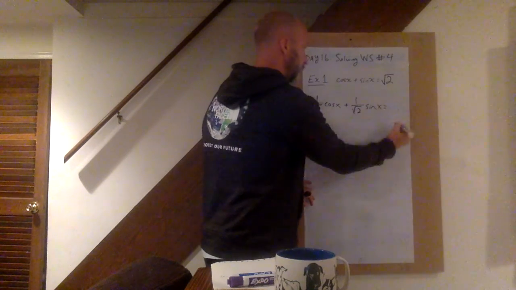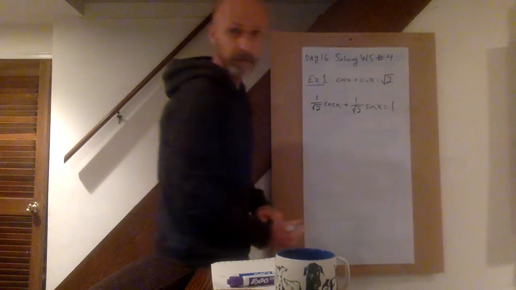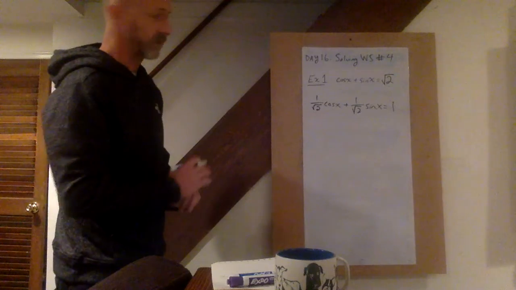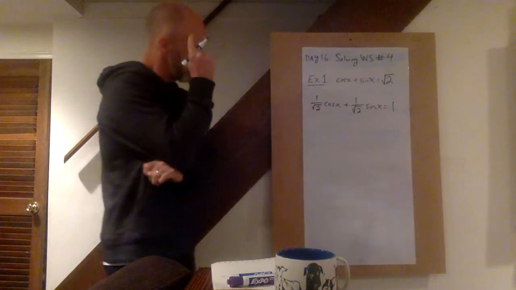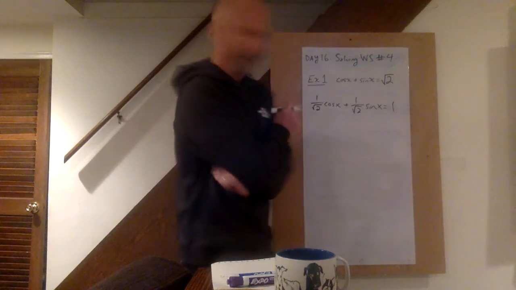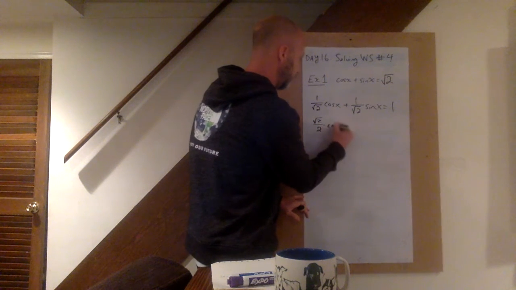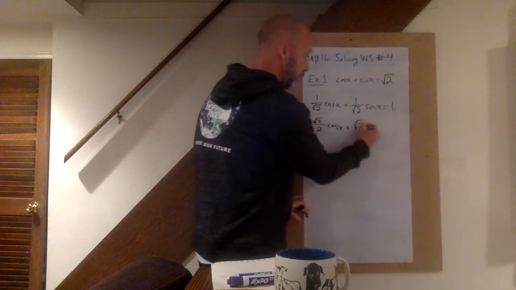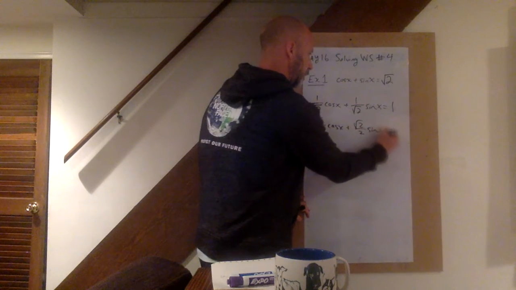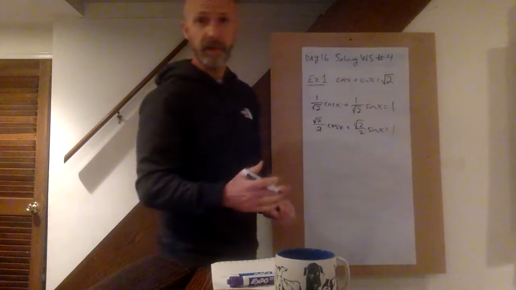And of course, if root 2 is divided by root 2, I get a 1. Okay, so that looks like I just made a big mess. But I know in my head that 1 divided by root 2 is the same as root 2 over 2, a very familiar value from our work with the unit circle. So I can write it that way if I'd like.